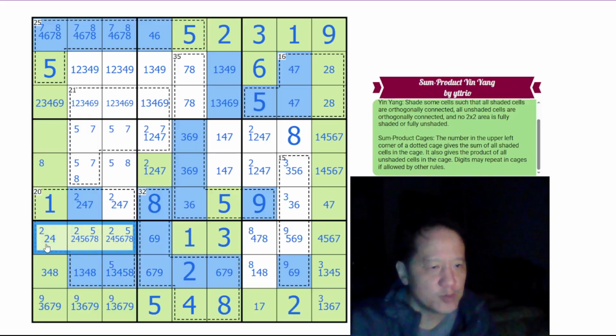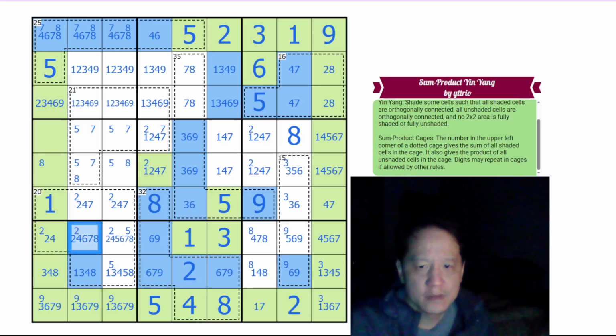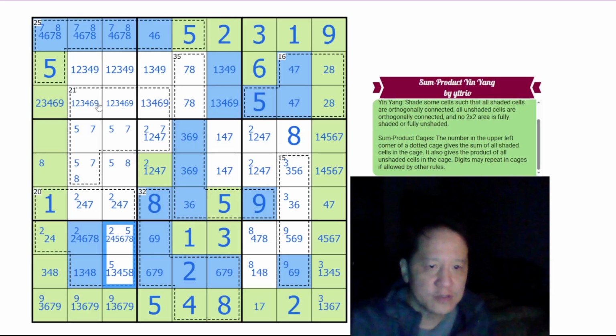But then this would multiply already to 2 times 4 times 5, which is 40, which is too large. So that's why that cannot be green. And this must be, what? This cannot be green. This is blue, guaranteed. So 5 has to be one of these two, which eliminates 5 in the rest of the column.